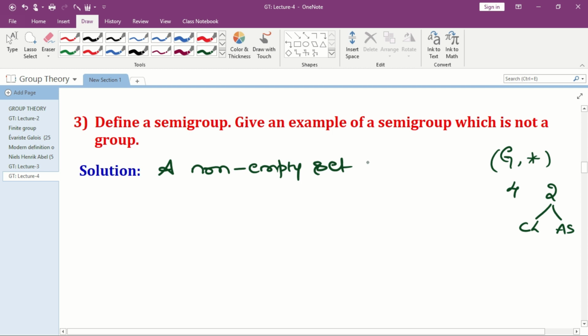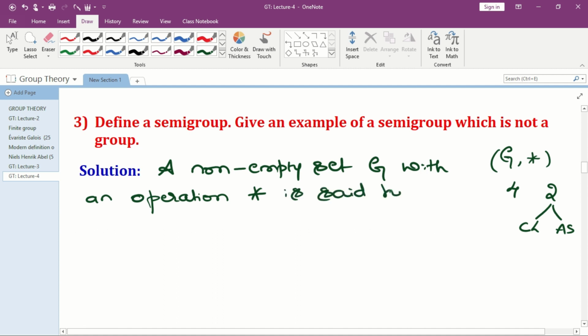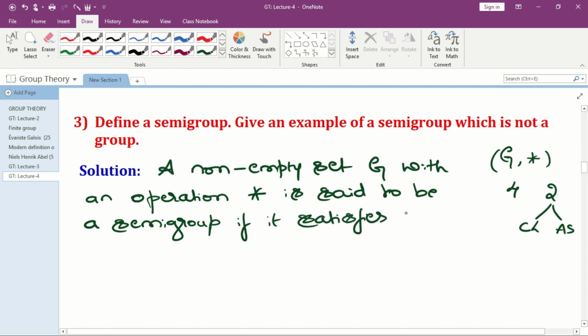So a non-empty set G with an operation star is said to be a semigroup if it satisfies the following laws.